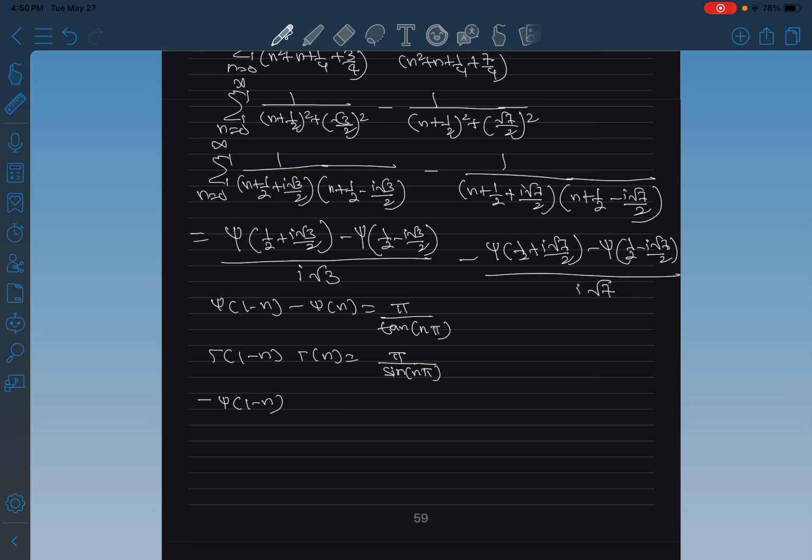Minus, okay, if you take log and then differentiate, you will have plus digamma of n, and this will be minus pi and then log sine n pi, which is cot n pi.